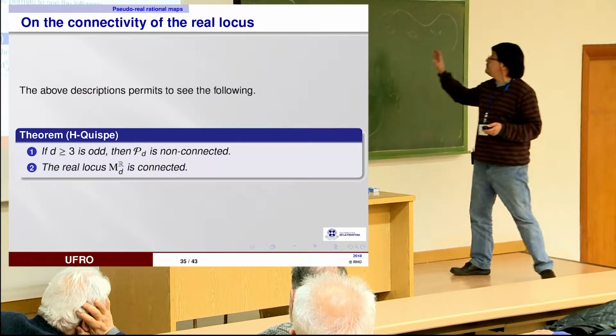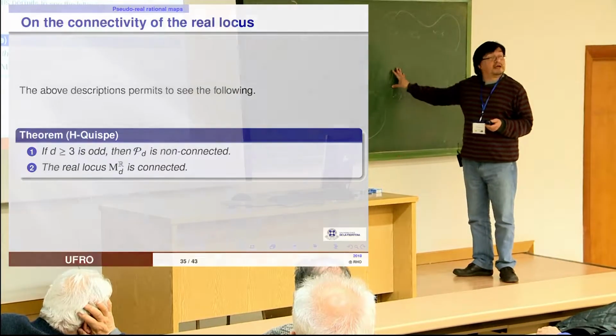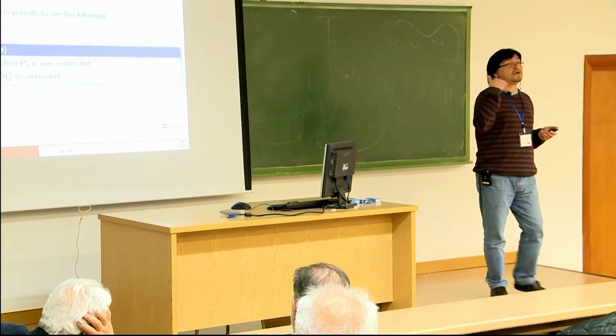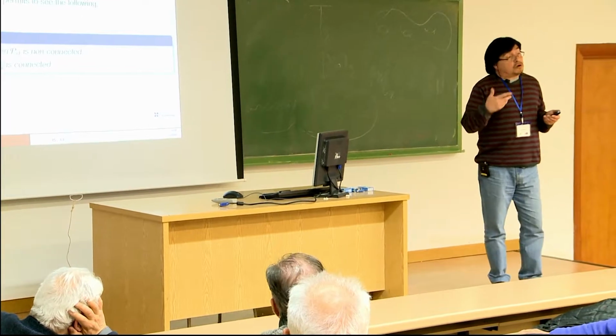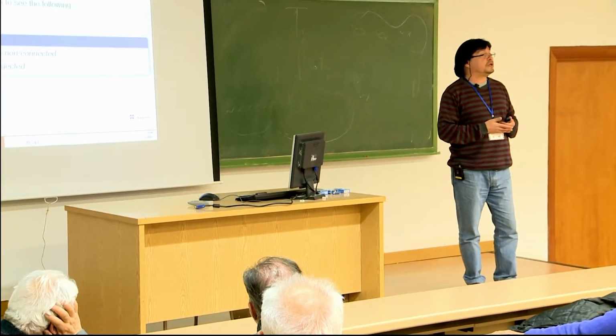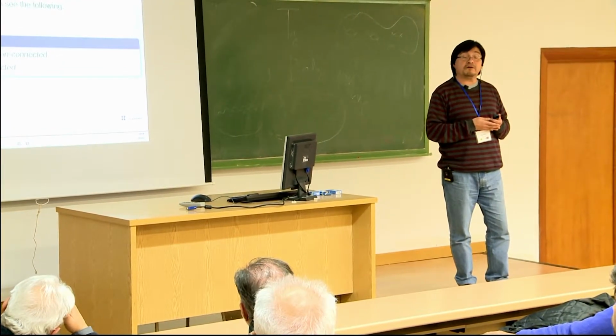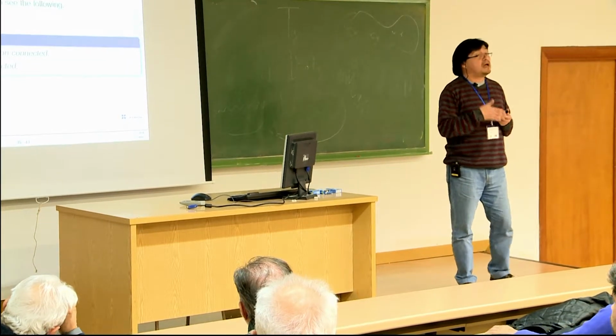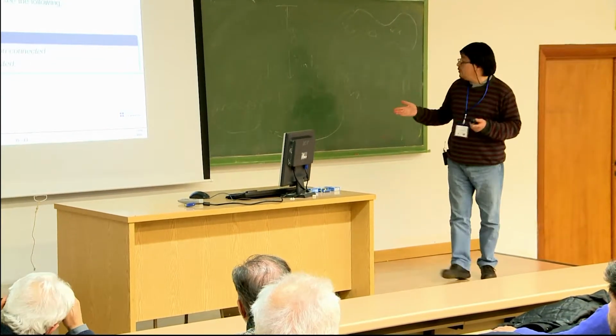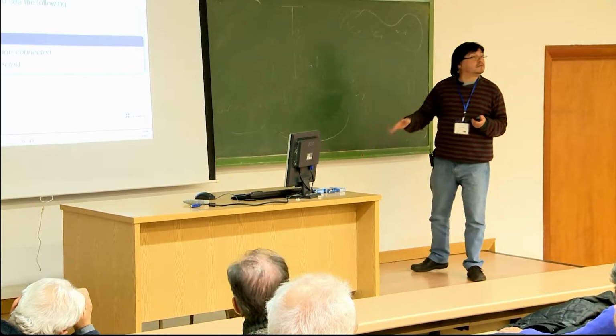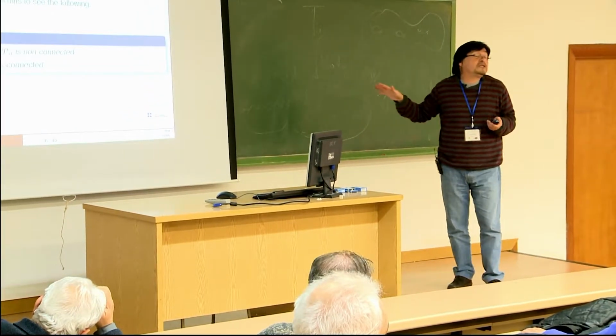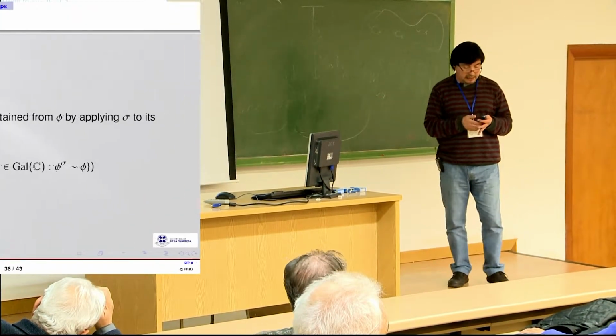At the level of moduli space or Riemann surfaces, the branch locus, meaning those Riemann surfaces with many holomorphic automorphisms, is disconnected in general, and the one with the real locus is connected. So in some cases the results coincide, in other cases they differ.